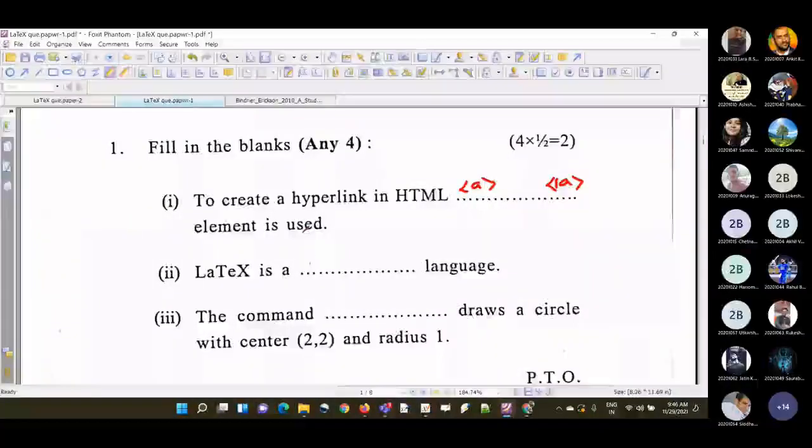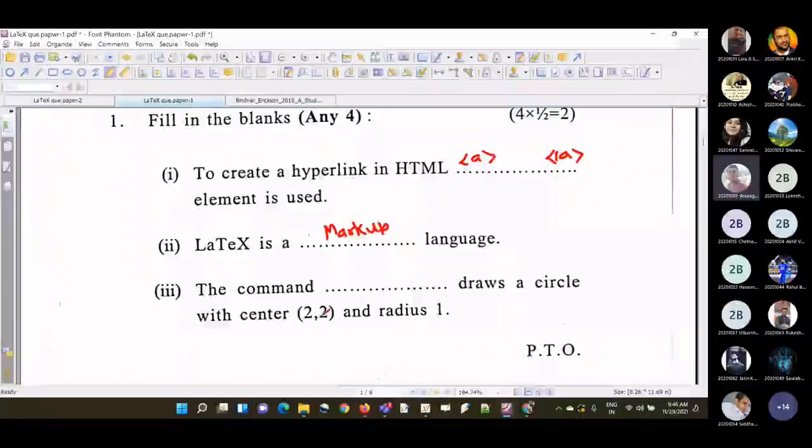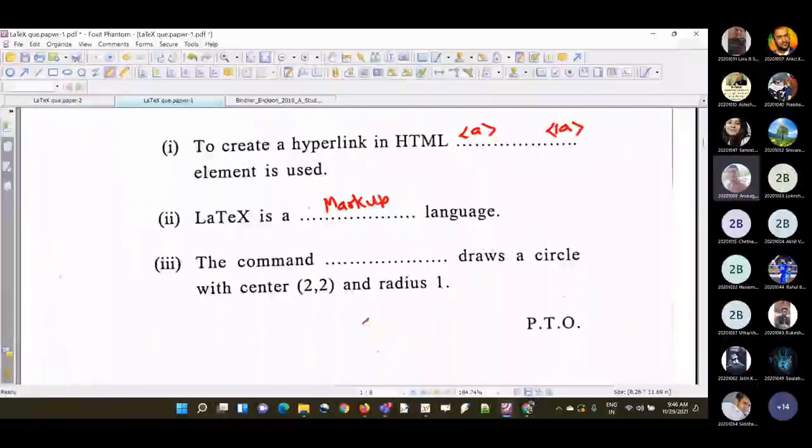And then the third part is there: the command draws a circle with center 0, 0 and radius 1. So this question talks about the command we use in PSTricks. Anyone have the answer? PS circle, line style dotted 2, 2, 1. All right, so you have to write like this: 2 is the center, followed by the radius.